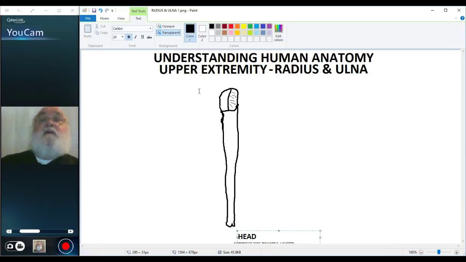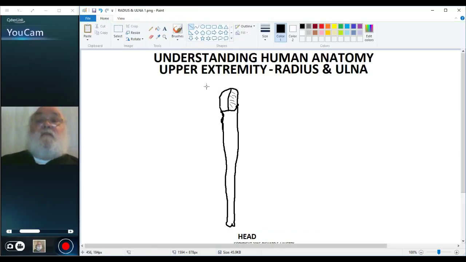The head of the ulna is distal. This is unusual for most bones. Usually the head is at the proximal end of the bone, but the ulna is an exception. The head is distal.